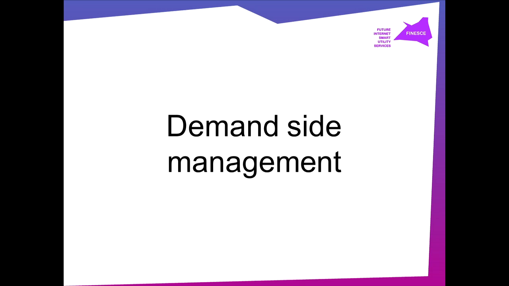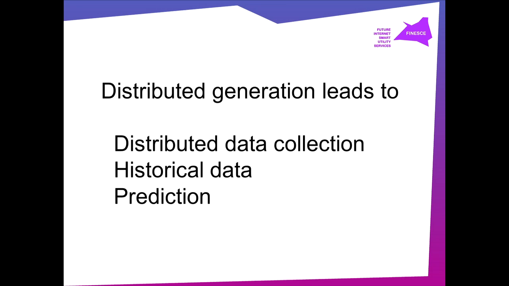So in distributed generation, we have a strong impression that there are a couple of different things to keep in mind. If you're thinking about distributed energy generation, you will also find distributed data collection, which leads to problems with communication.